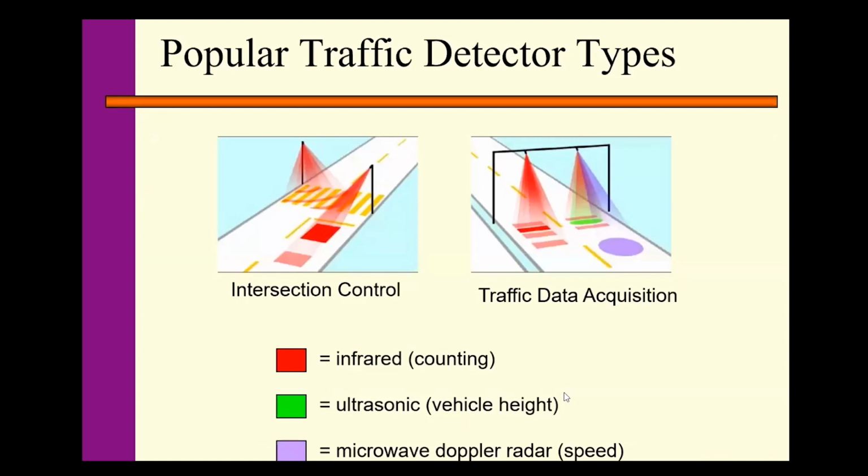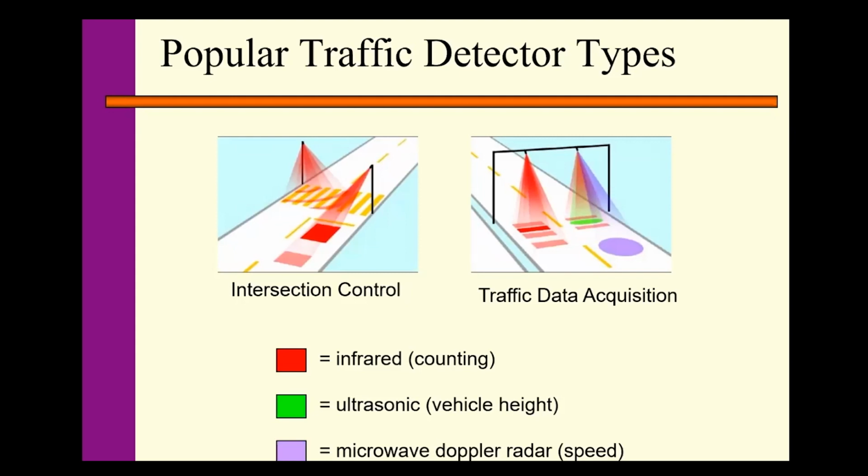Basically the sensor uses the infrared signal to count vehicles, and uses the ultrasonic signals to detect the vehicle profile, including vehicle height, width, and length.